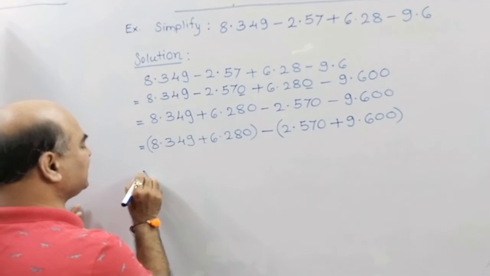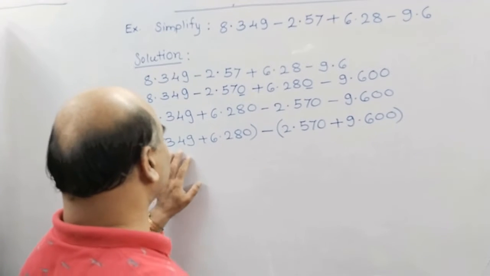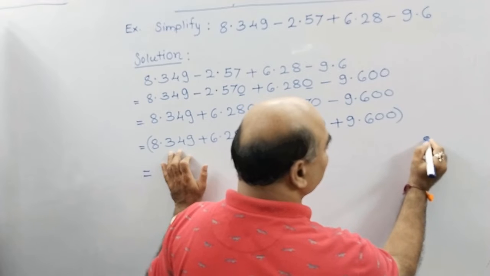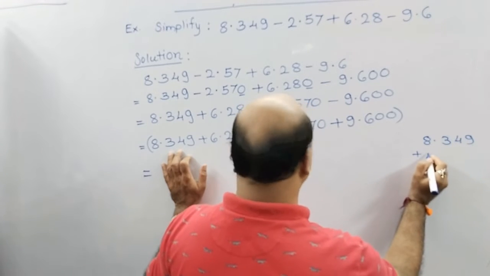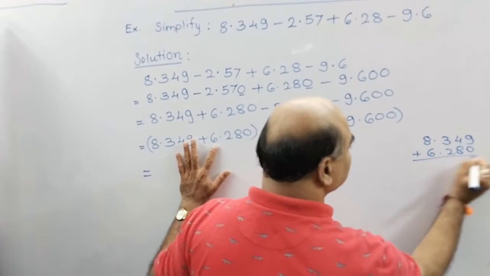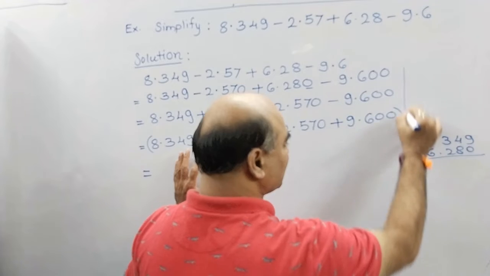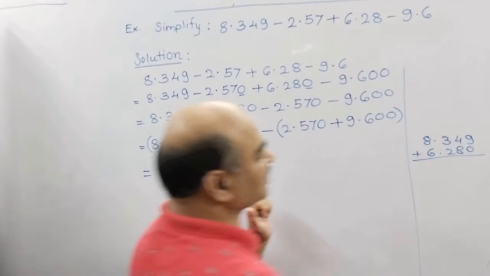So we carry out their additions. The first addition we take here is 8.349 plus 6.280. We just do rough work here.